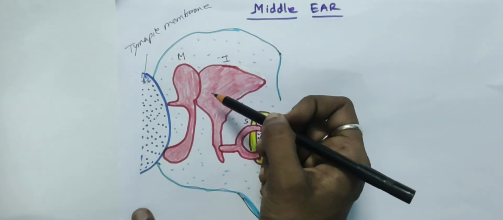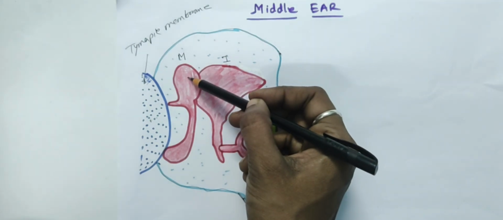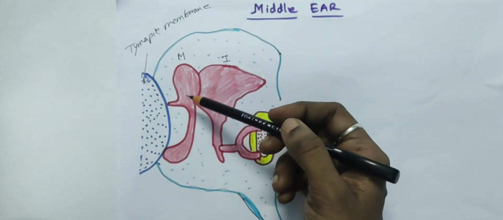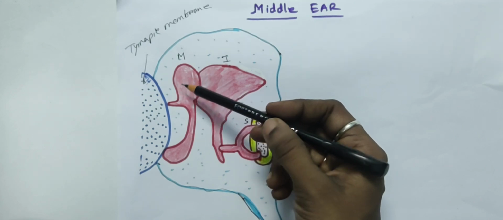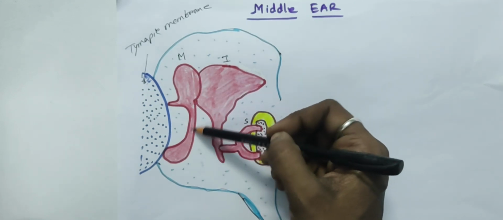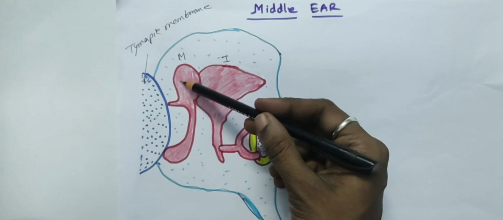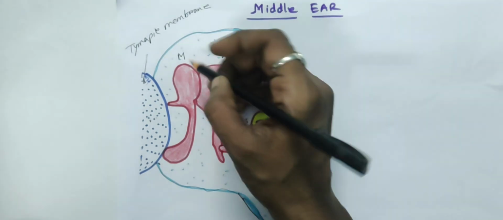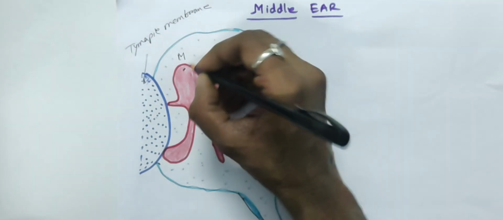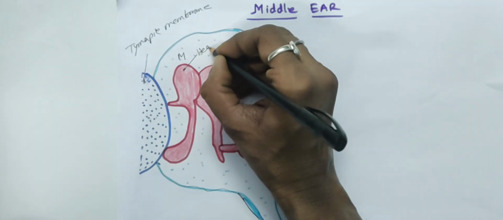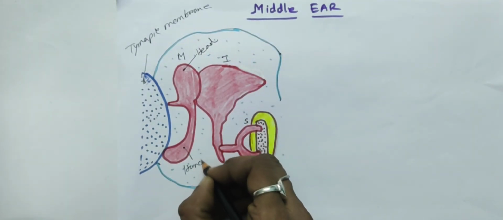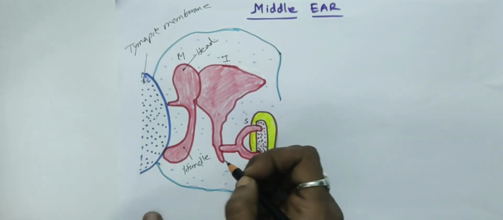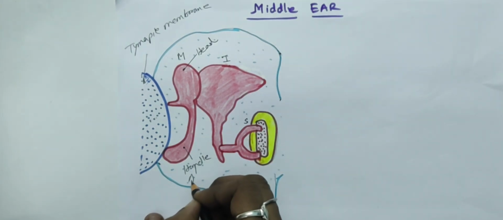Now look at the malleus. Malleus is called the hammer. It has a handle, also called the manubrium, and it has a head. This is the head portion, and this part is the handle, the manubrium.